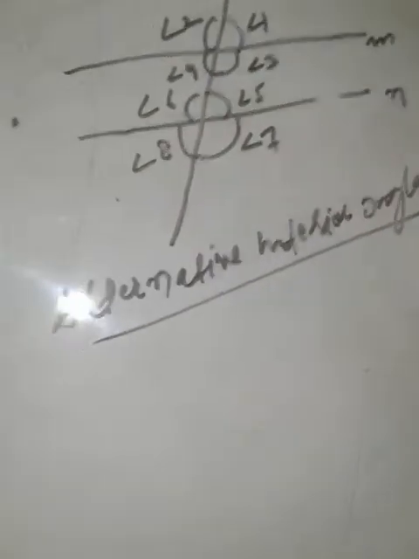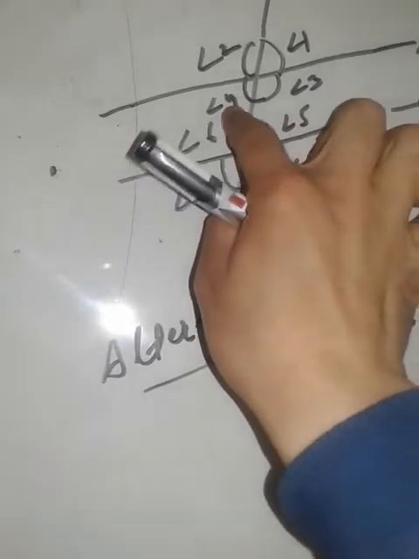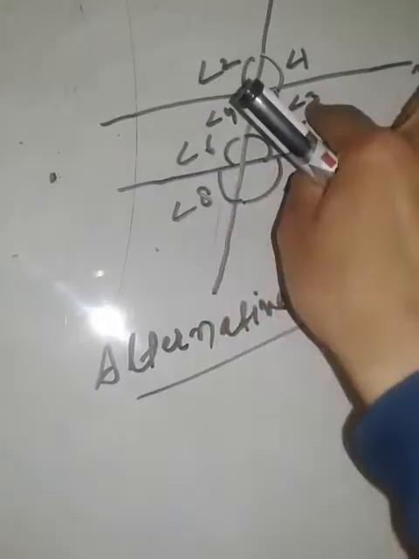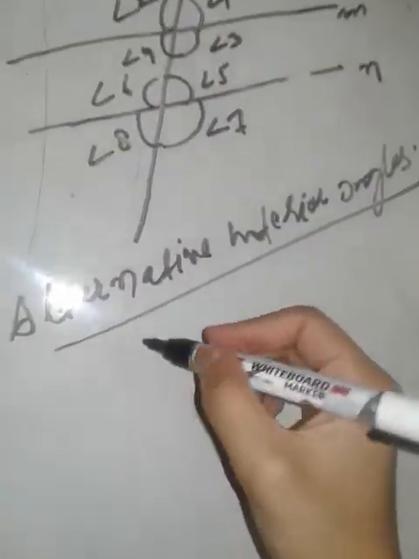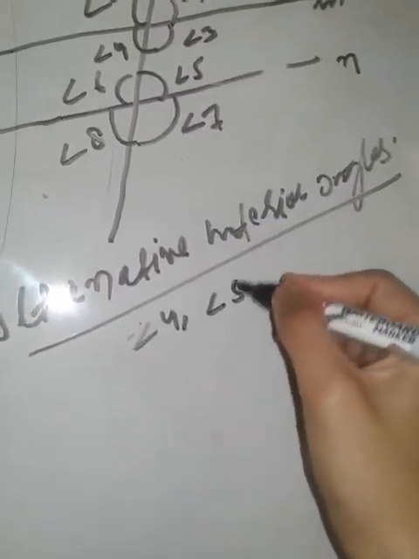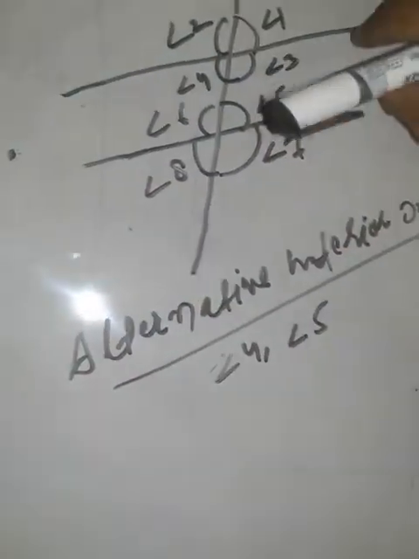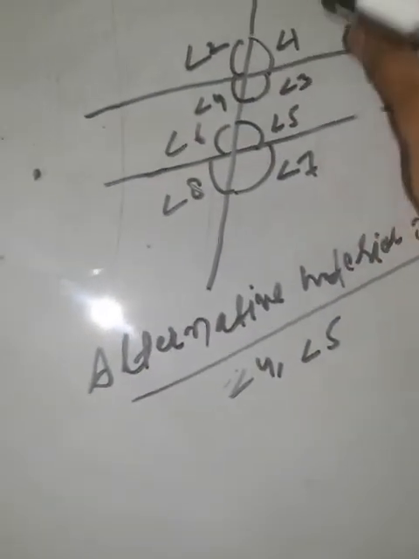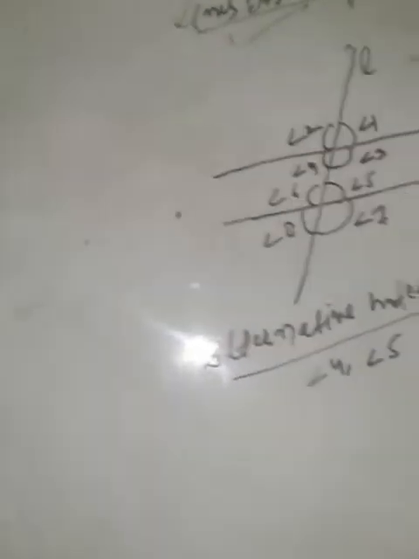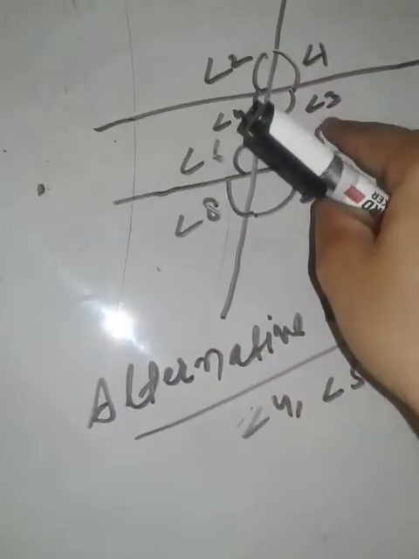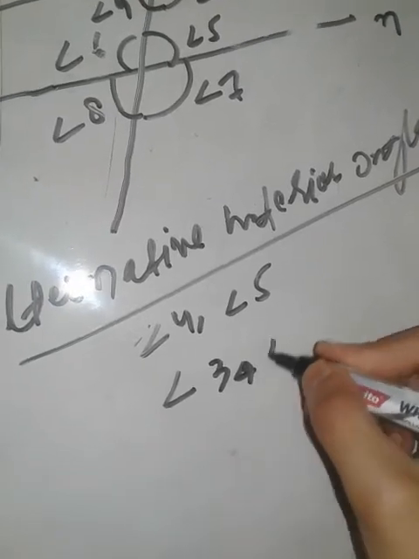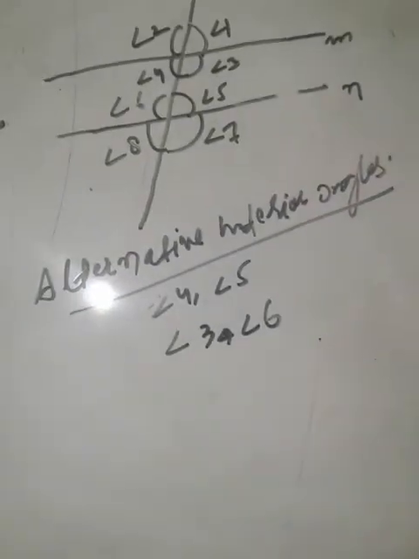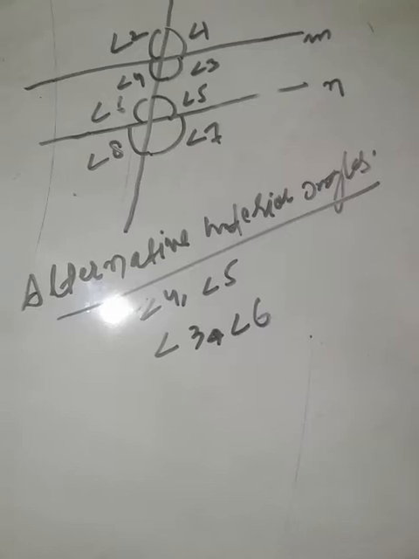These are alternate interior angles, this and this: angle 4 and angle 5. Interior means they are formed between the lines, as the name suggests. This is angle 4 and angle 5, this is your angle 3 and angle 6. These are alternate interior angles.